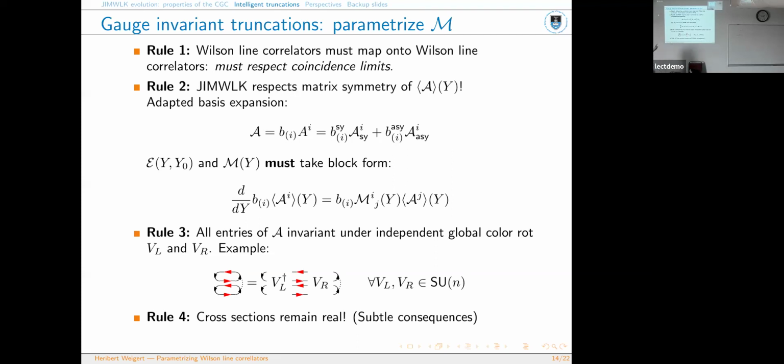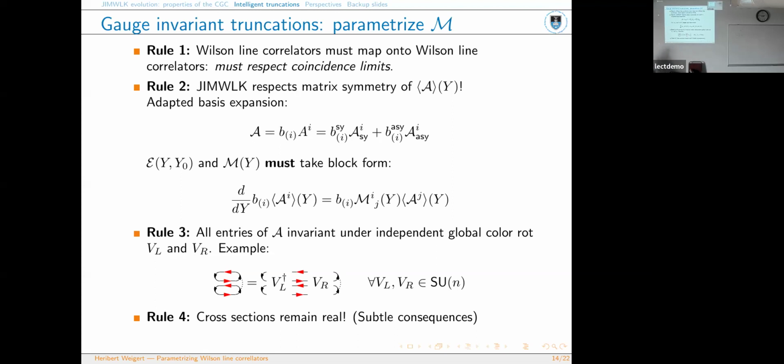So if I find a basis for my matrix space, I better choose a basis that separates out symmetric matrices from antisymmetric matrices, because then my evolution operator becomes block diagonal. I nicely separate this out, and I've removed everything automatically that would talk about crosstalk. So this helps with the economy of doing this.